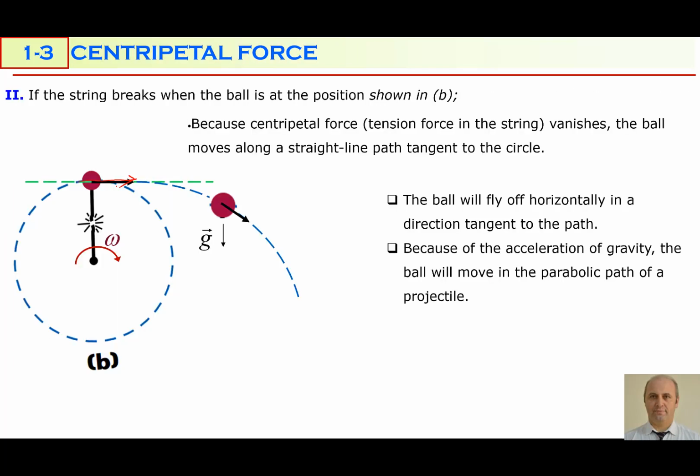Which means if a great enough centripetal force is provided on an object, the object will follow a circular path. But if you do not apply a great enough centripetal force on an object, the object will not follow a circular path. Instead, it will leave the circle in a straight line path tangent to that circle.